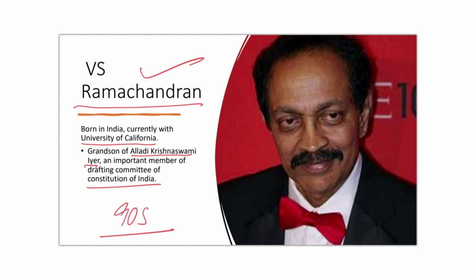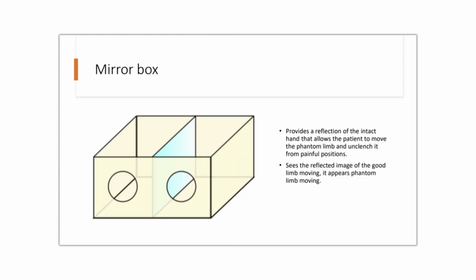Okay. So what is the idea that he came across, and what does it imply to our understanding of the brain? So let us see. He invented a very simple box called the mirror box.